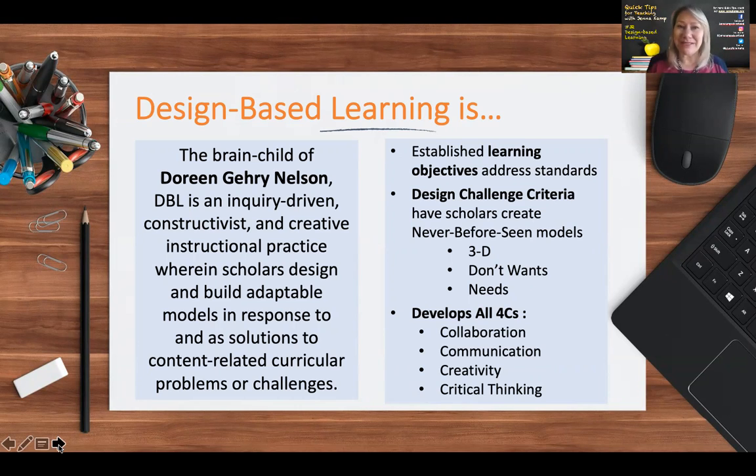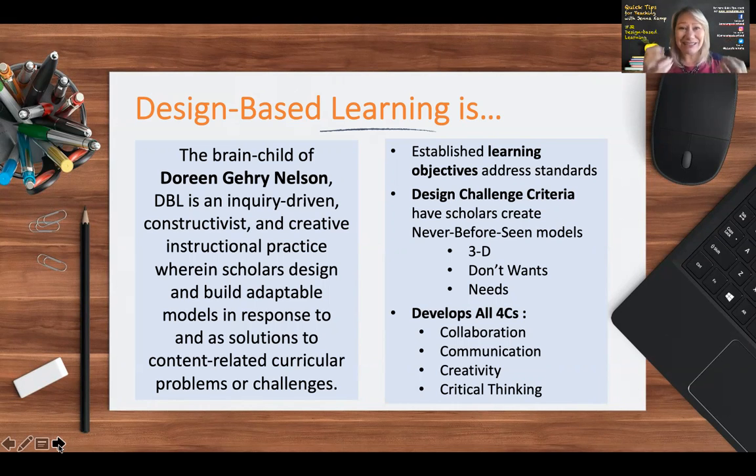So design-based learning, or DBL, has established learning objectives that are usually connected to the standards, Common Core standards or otherwise. They present design challenge criteria, so the teacher has the scholars create never before seen models that must be three-dimensional.